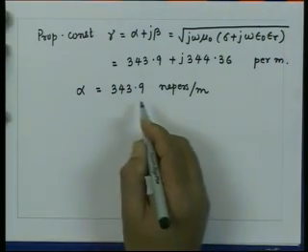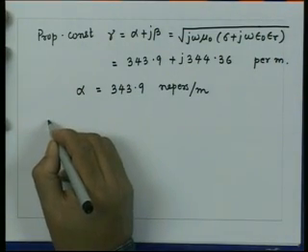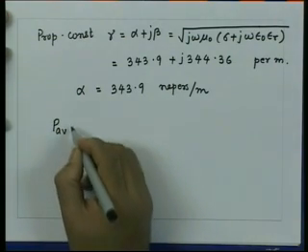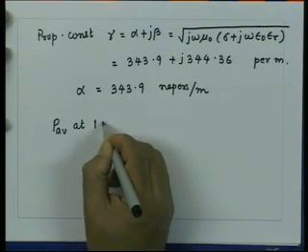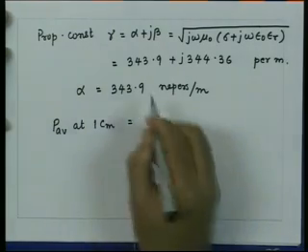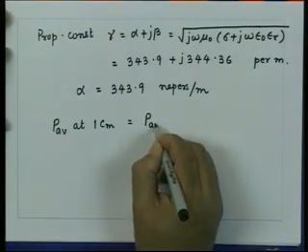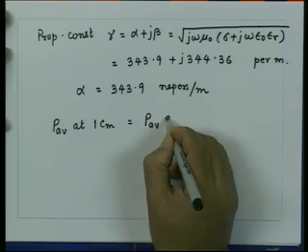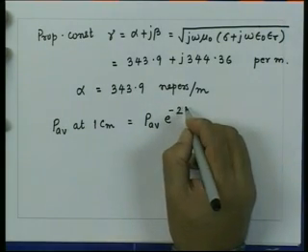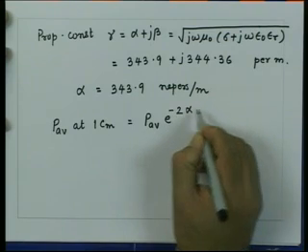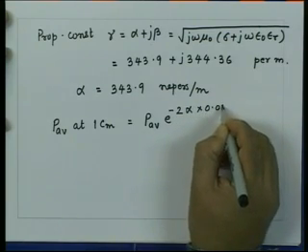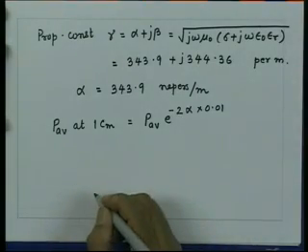So, the power density at 1 centimeter from the initial location will be equal to the initial P average which we got, times e to the power minus 2 alpha into distance, which is 0.01, that is 1 centimeter.